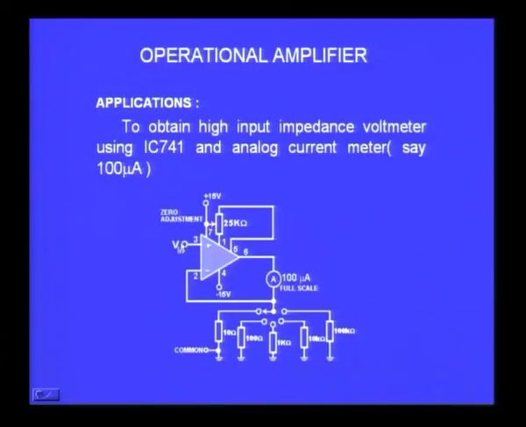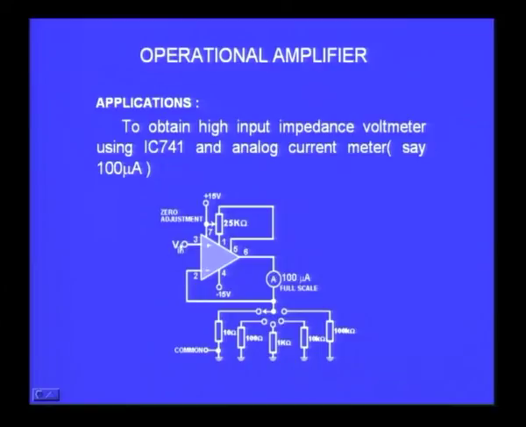So, when I give 1 millivolt here, that will correspond to 1 by 10 current, which is 0.1 milliamps, which is equal to 100 microampere full scale. So, this becomes a 1 millivolt meter. This 100 microampere current meter is now converted into a voltmeter along with the op amp. So, it becomes 0 to 1 millivolt range, it will show a current from 0 to 100 microamperes.